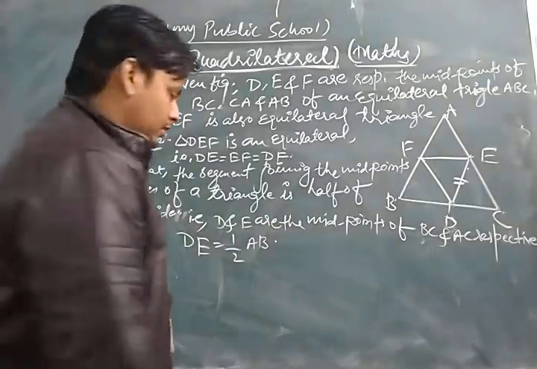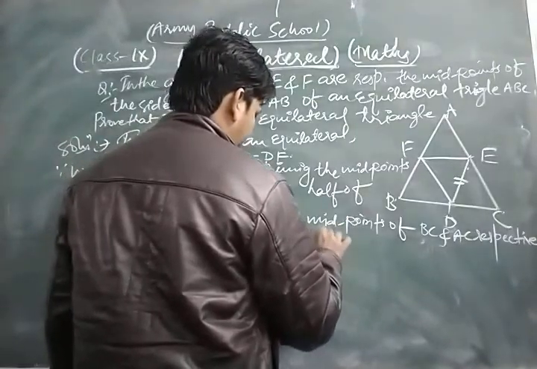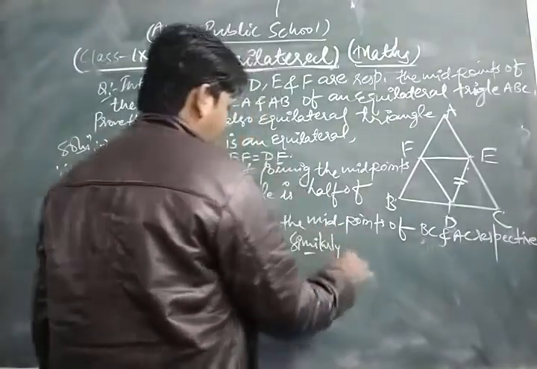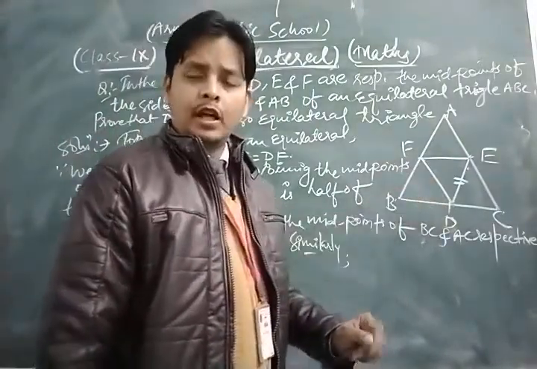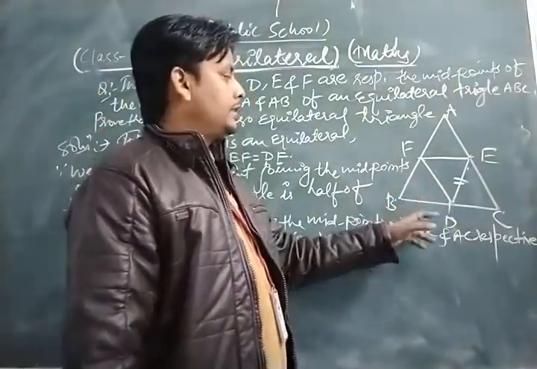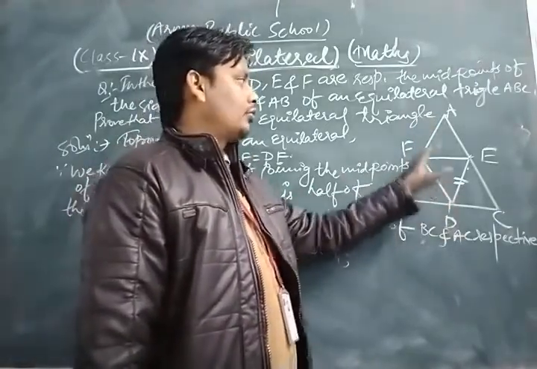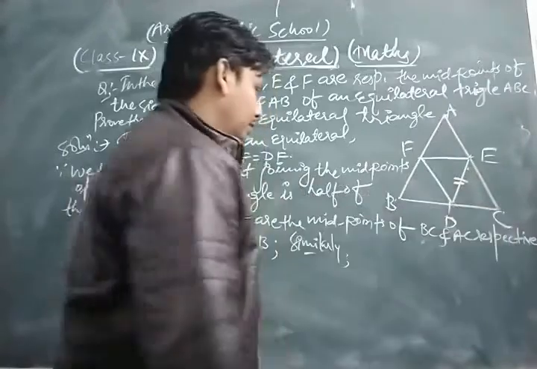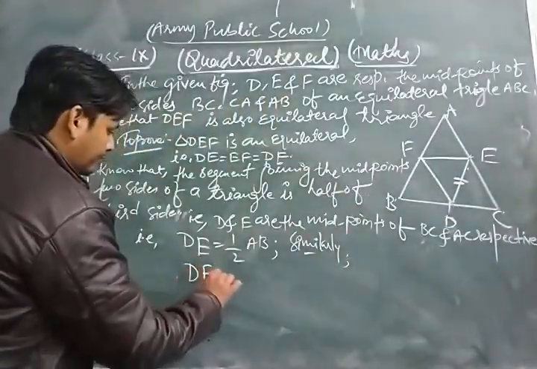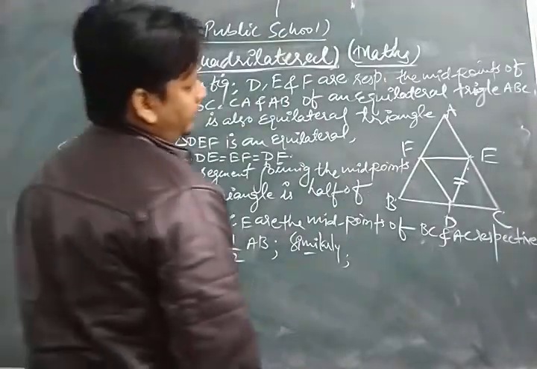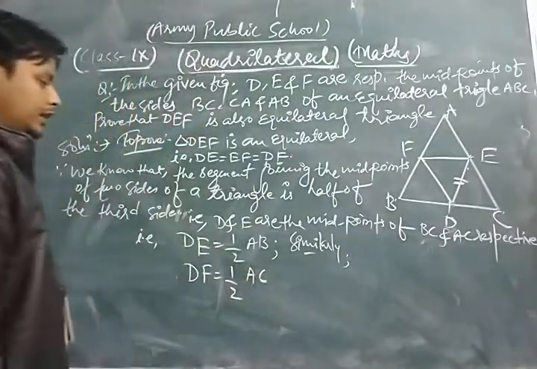Similarly, dear students, D and F are the midpoints of the sides BC and AB respectively. So the line segment DF is equal to half of the third side AC.